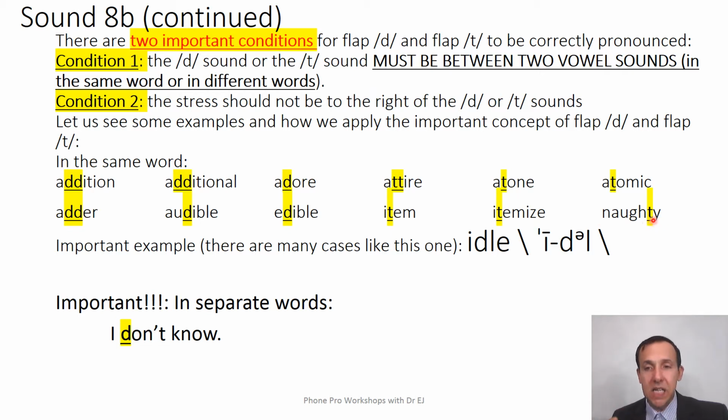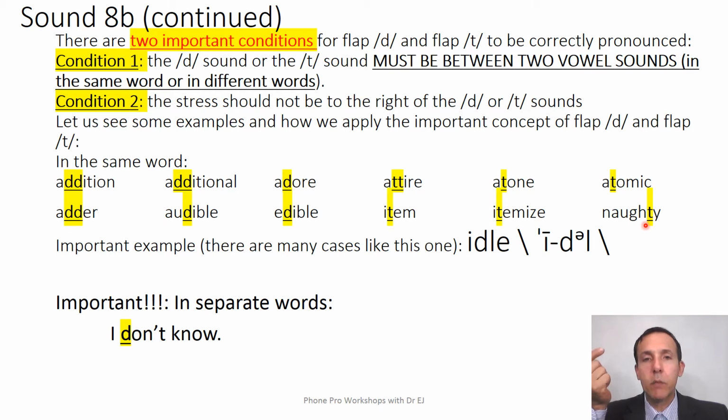So the T is between two vowel sounds, this R and this E. So condition number one is applicable. Condition number one is met. So you say no, silent, silent, ri, nori. So condition number one is okay, is met.